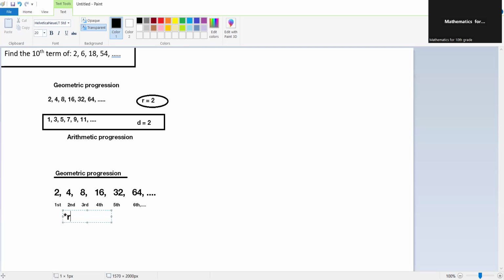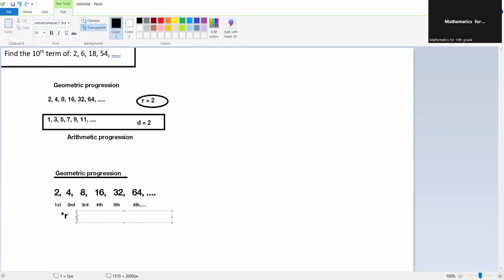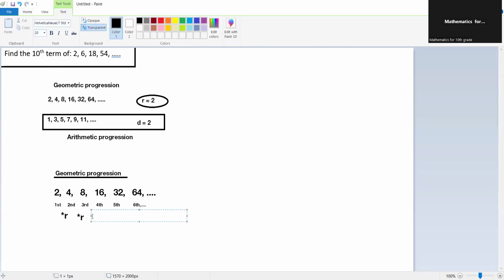So into r, you get the second term. In the second term, again you multiply with r, you get the third term. Again you multiply the third term with r, you get the fourth term.